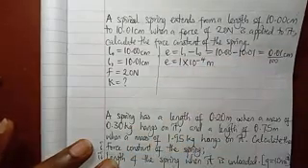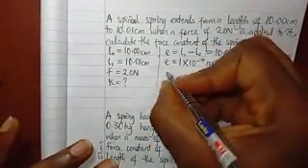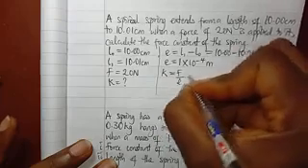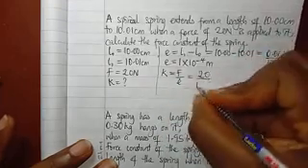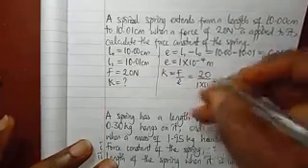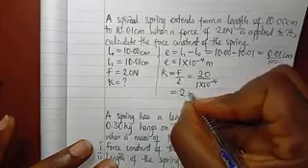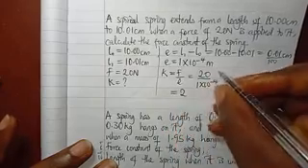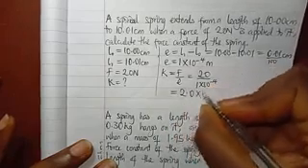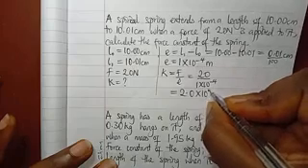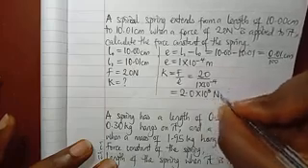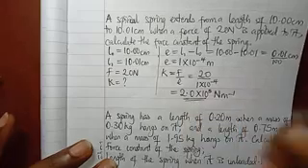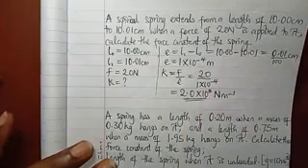So now that we have our extension, we can now solve for the force constant. Force constant is equal to applied force over extension. Applied force is 20 and our extension is 1 times 10 raised to the power minus 4. So our force constant is 20 times 10 raised to the power 4, or we say 2.0 times 10 raised to the power 5 Newton per meter. Okay, so we are done with solving.